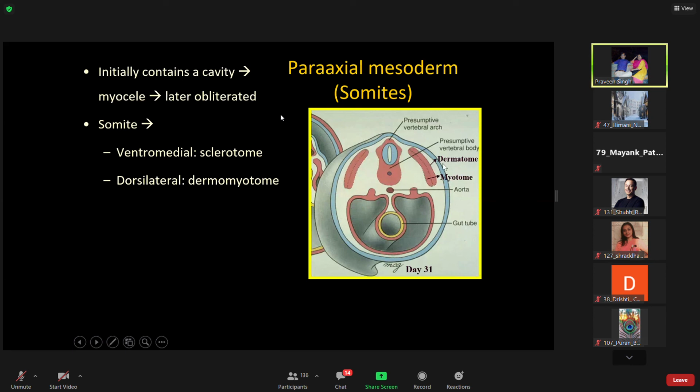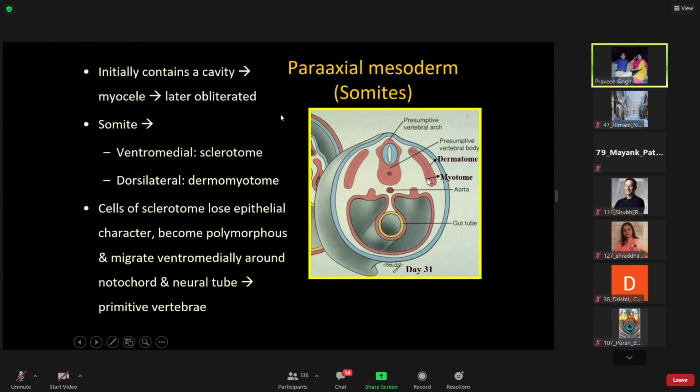Dorsal part is dermatomyotome. Cells of the sclerotome, which is medial, lose epithelial character, become polymorphous, and migrate ventromedially around the notochord. This is notochord, this is neural tube, and they form primitive vertebra.